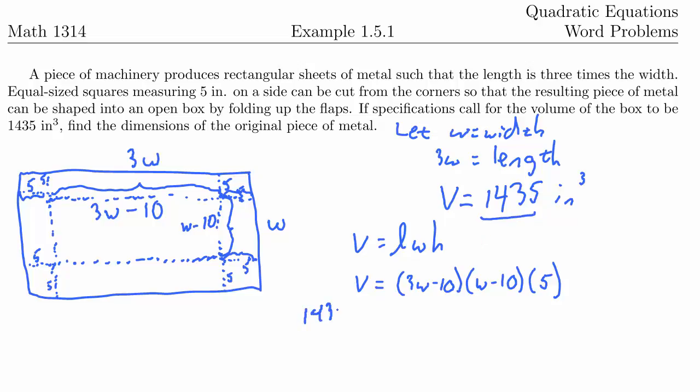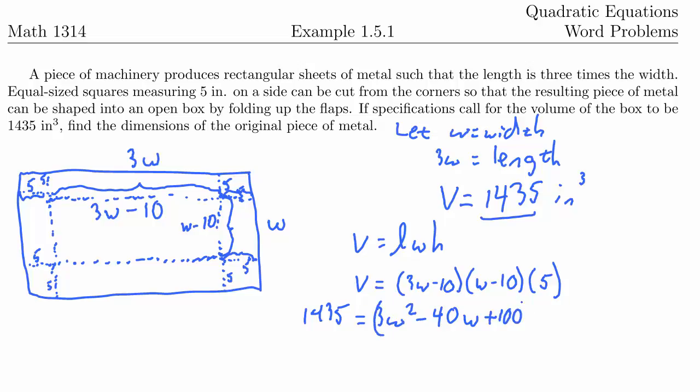So 1435 is equal to, I'm going to go ahead and FOIL this out. That gives me 3w squared. 3w times negative 10 is negative 30w. Negative 10 times w is negative 10w. So negative 30 minus 10 is negative 40w. And negative 10 times negative 10 is positive 100.